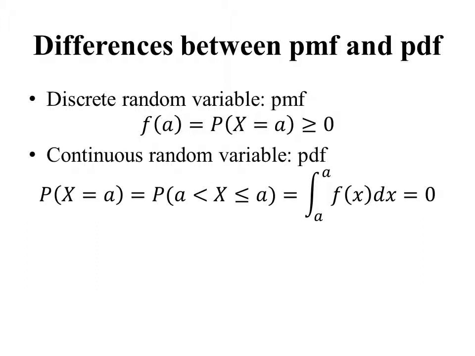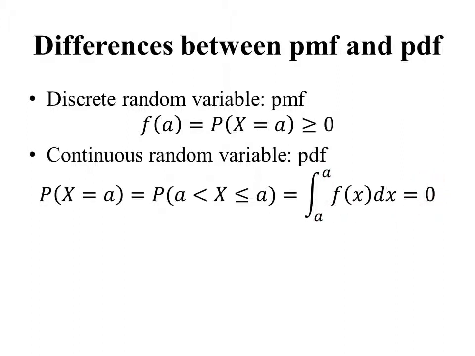However, for a continuous random variable, if we tried to calculate the probability that x took on some particular value a, in terms of intervals, that's the probability that x is between a and a. And so by property 3, to calculate this, we would integrate the PDF from a to a, and from Calculus 1, we know that an integral where the lower and upper limits are the same is equal to 0.